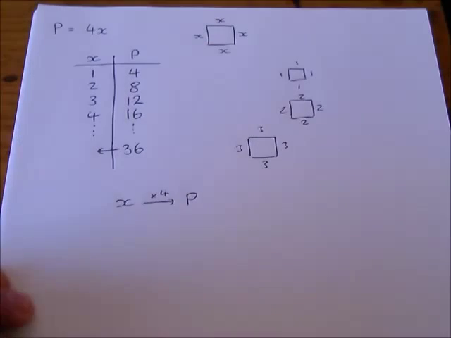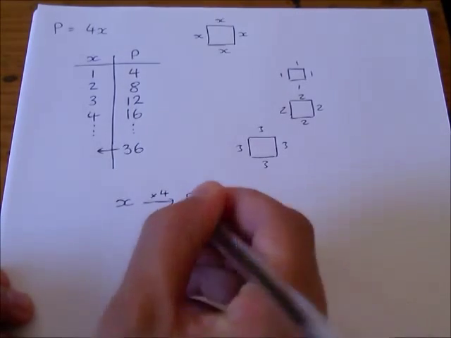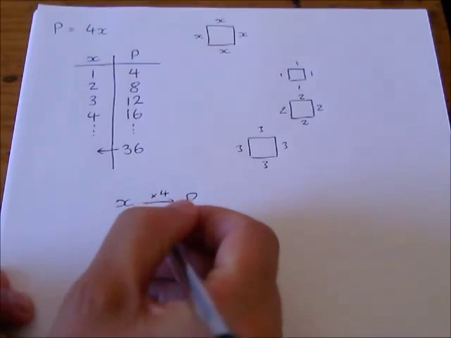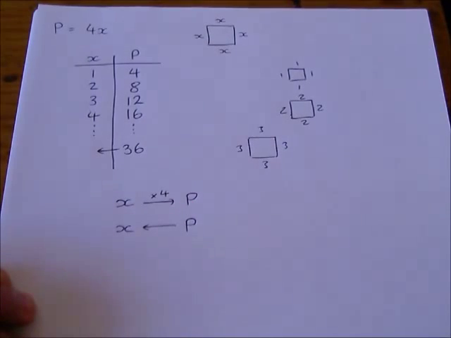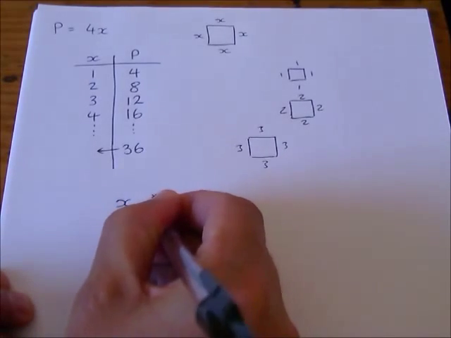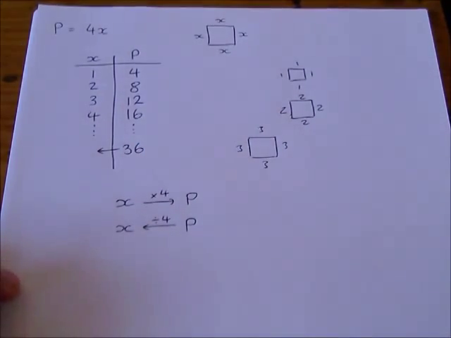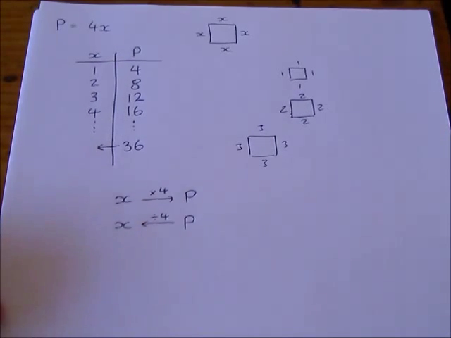If I'm going to give you a perimeter and ask you to work out what the side of the square was, it seems reasonably intuitive that you would divide that by 4. And that's because multiplying and dividing are opposites, inverse, if you want to use the correct word.